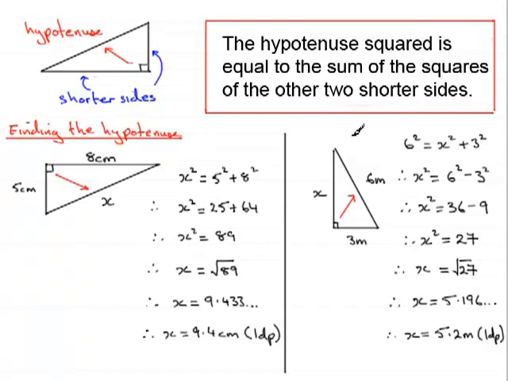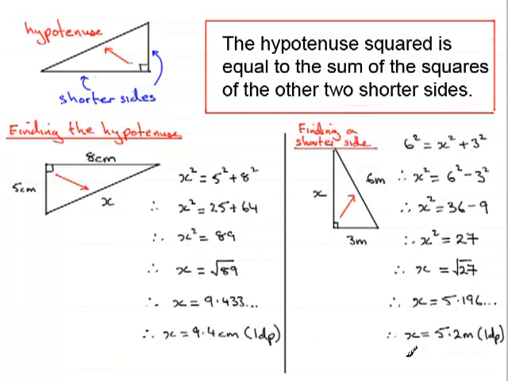But in this example, what we were doing was not finding the hypotenuse, but finding a shorter side. So just squeeze that in there, finding a shorter side. And you've got to be very careful with this type of example. Remember, the hypotenuse squared equals the sum of the squares of the two shorter sides, or you could start with x squared, but remember, x squared equals the hypotenuse squared minus a shorter side squared.